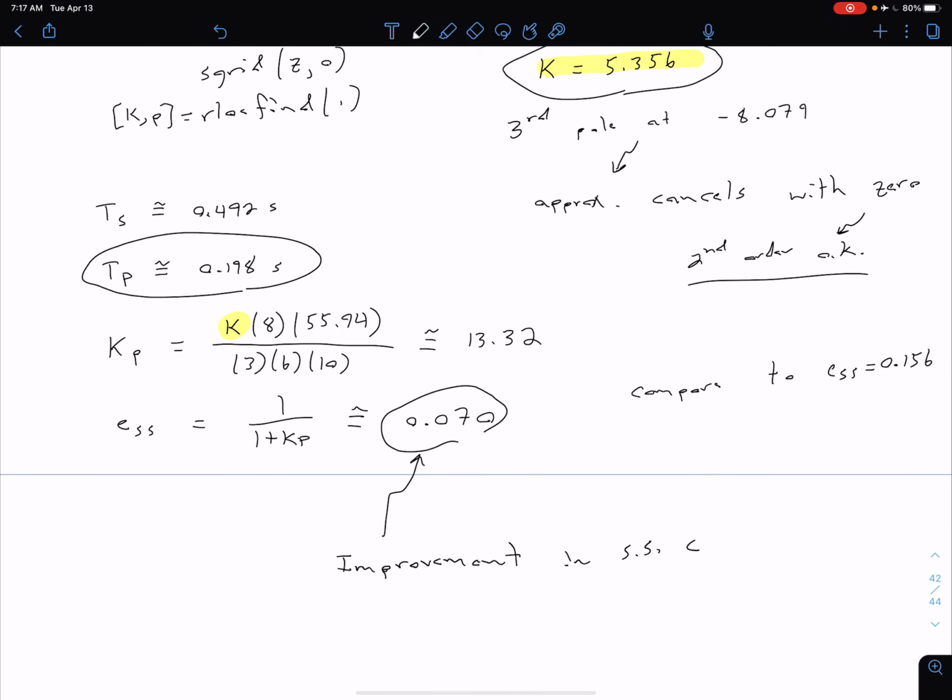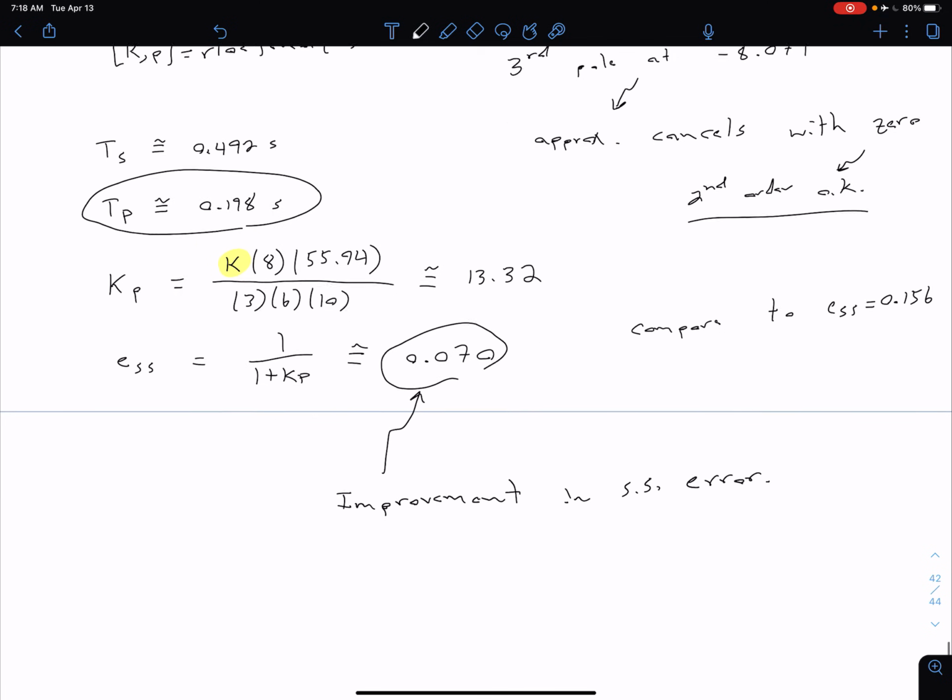Now, of course, the problem specified that we want a 0 steady state error, so we're still going to have to come back and improve that further. But this is an important point to note, that as we're changing transient response or steady state error, we're inevitably going to be making slight adjustments to the other parameter. Okay, so that covers our step 2.